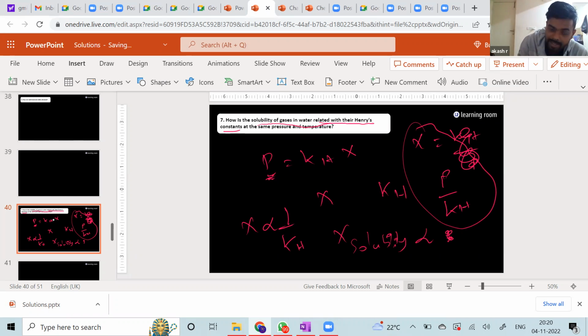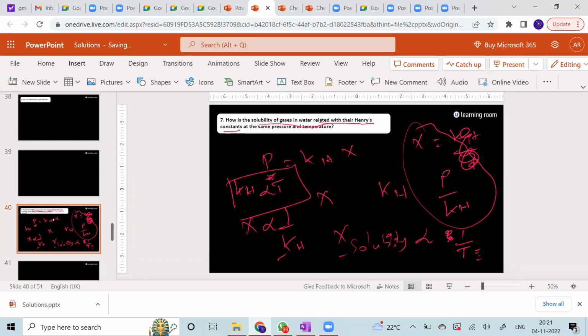So the X value and temperature are inversely proportional, because when I increase the temperature the gases are escaping and are not getting soluble. If X is inversely proportional to T and X is inversely proportional to KH, can I tell that KH is directly proportional to T? Yes, sir. So these are the things you will understand. Moving on.